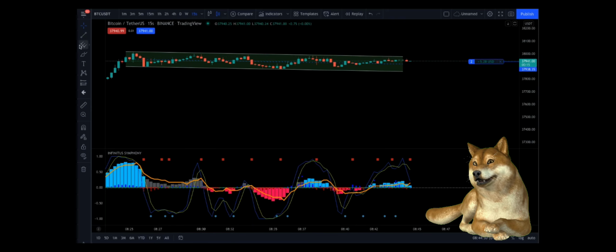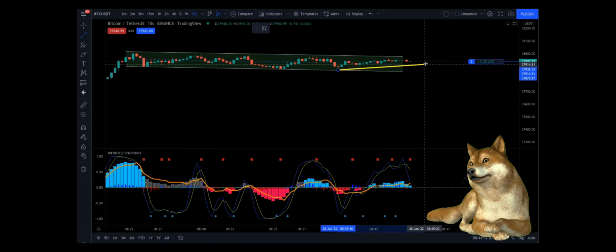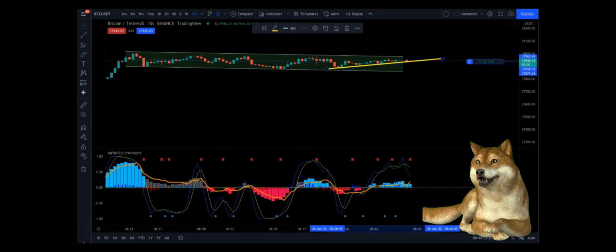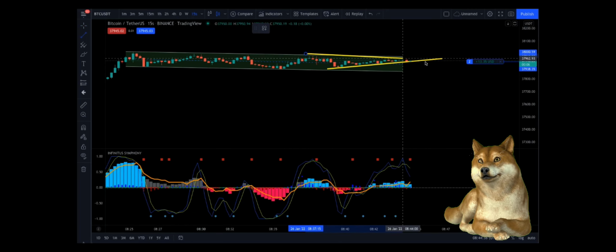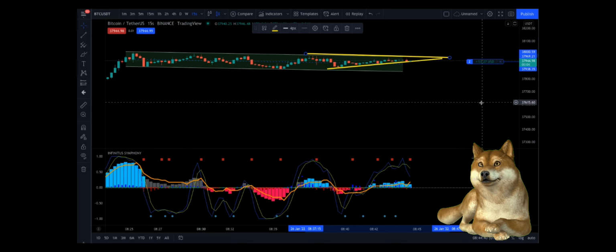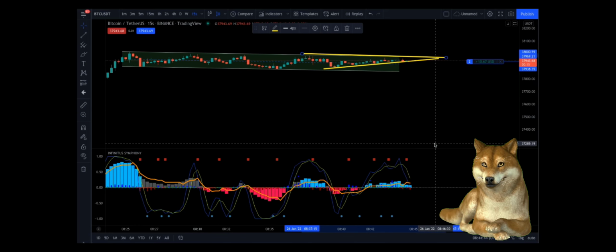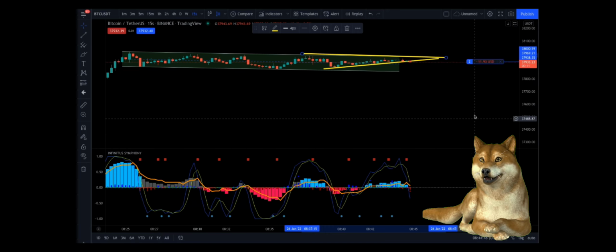Let me put those back up there, so you can see where we're getting a little squeeze. I believe it might squeeze to the upside. Man, I wish I could figure out how to put a stop loss.